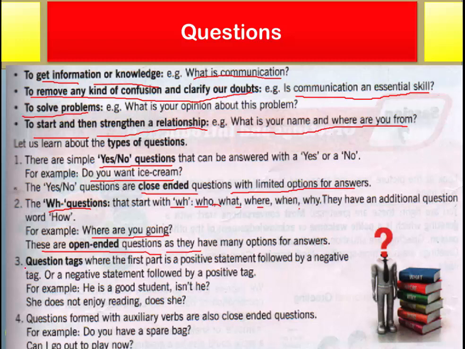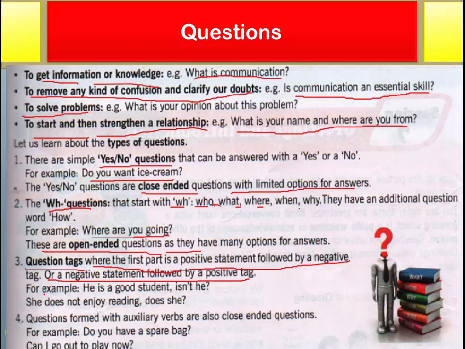Next is the question tag. This we have already learned when we were learning about the question mark, the punctuation. A question tag is a question asked to confirm a statement that has already been made, where the first part is a positive sentence followed by a negative tag, or a negative statement followed by a positive tag.